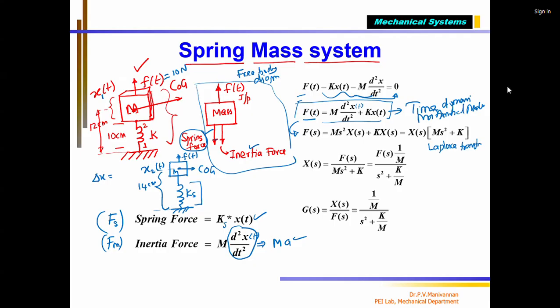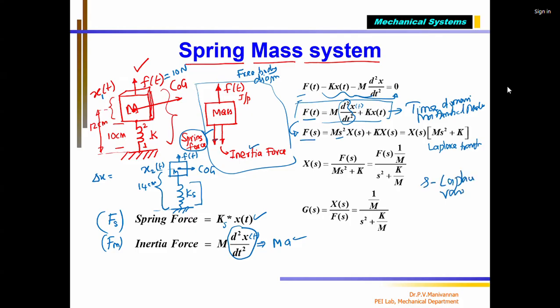So the algebraic equation, the Laplace transformed model, is F of s equal to m into s square into x of s, where s square represents d square by dt square. The term d square by dt square, if you convert it to the Laplace domain, becomes s square, where s is called the Laplace variable.